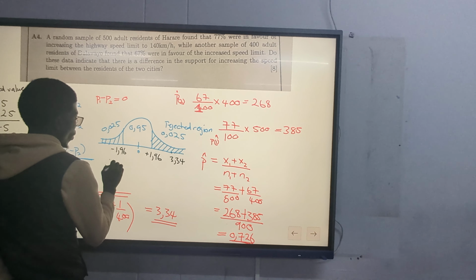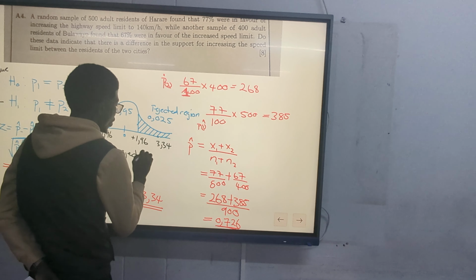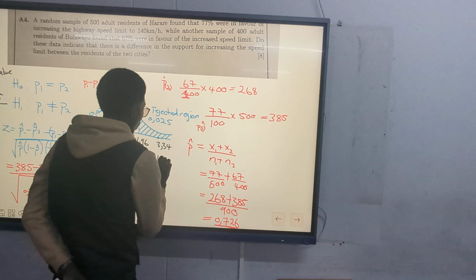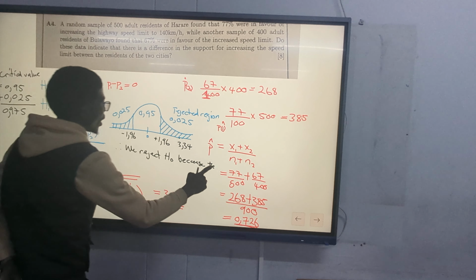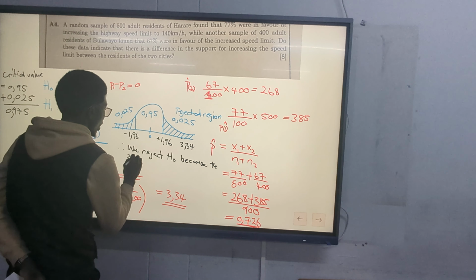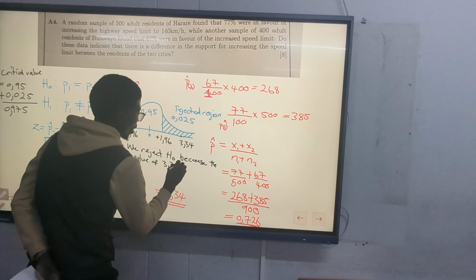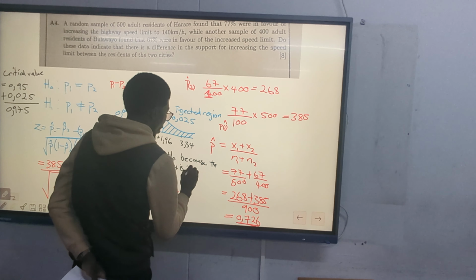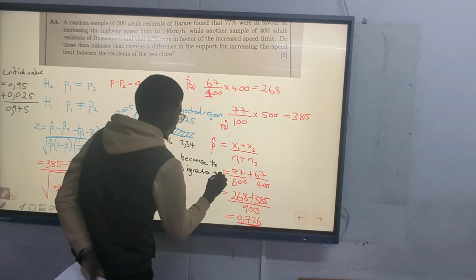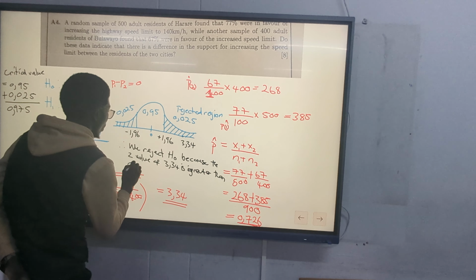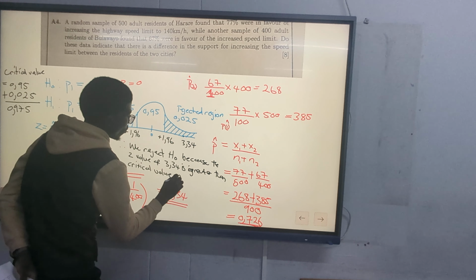Therefore, we reject H naught, because the z value of 3.34 is greater than the critical value of 1.96.